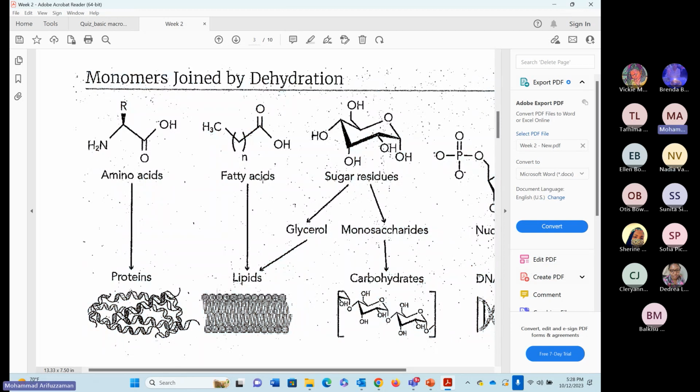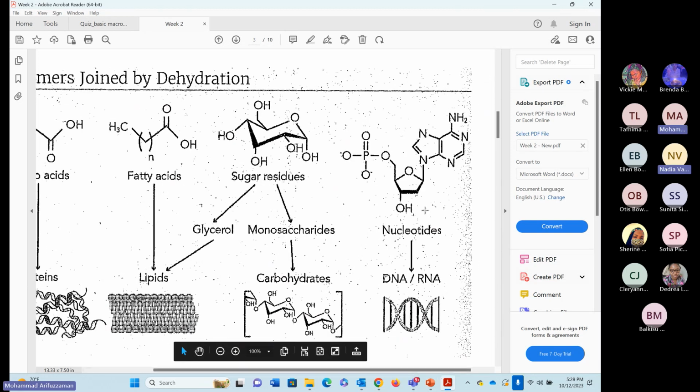So amino acid is a monomer and protein is a polymer. The fatty acid is a monomer and lipid is a polymer. The sugar is a monomer, simple sugar like monosaccharide, and the carbohydrate is the polymer. And the nucleotides are monomers and DNA and RNA are polymers.